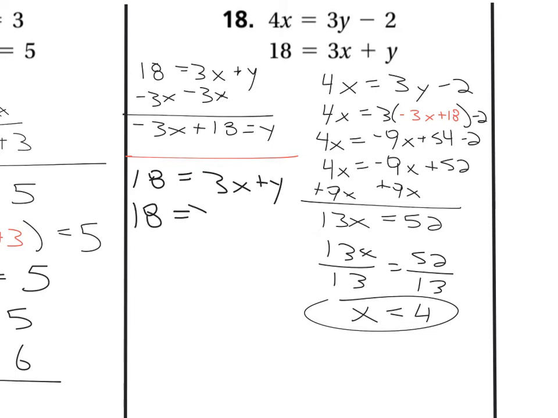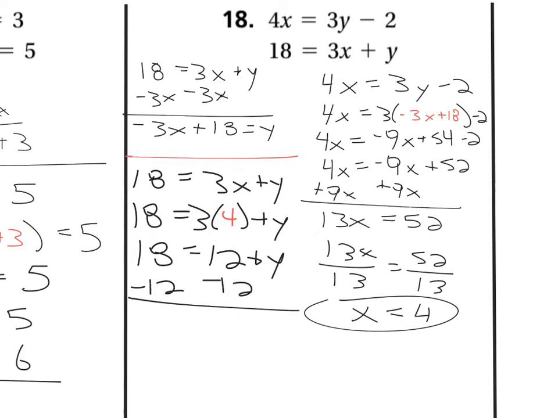So 18 equals 3 times 4 plus y, or 18 equals 12 plus y, taking 12 from both sides, we get y is equal to 6. So we have a set of coordinates 4, 6. Cool.